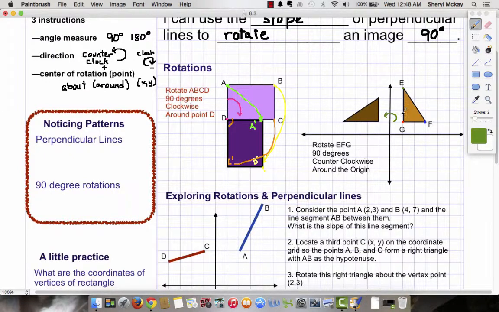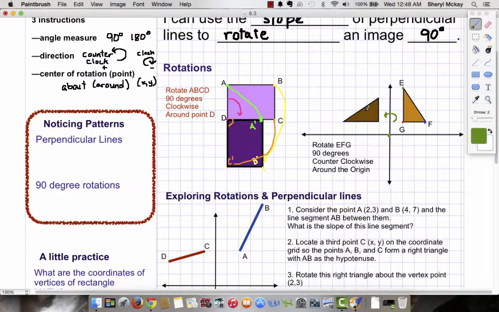Okay, so we're going to rotate it around the origin. So what I want you to do is imagine that we have this on a transparency and that we're holding down the EFG at the origin and we're rotating the transparency around until it fits into this origin.